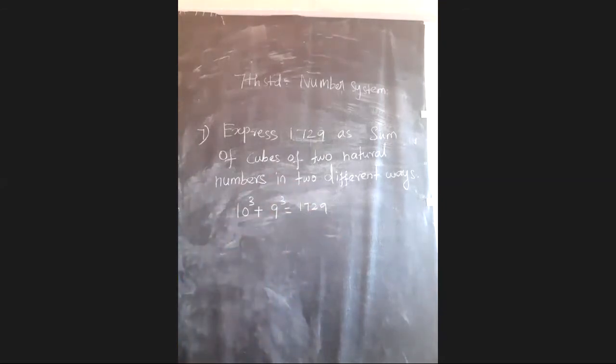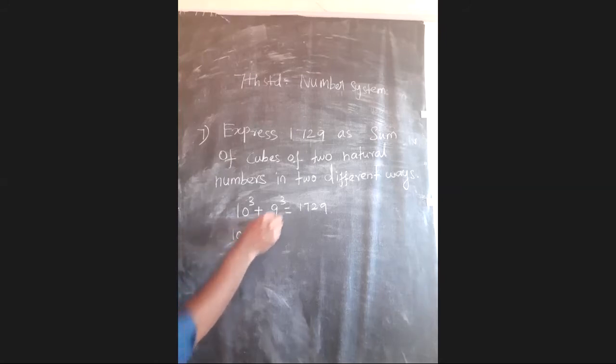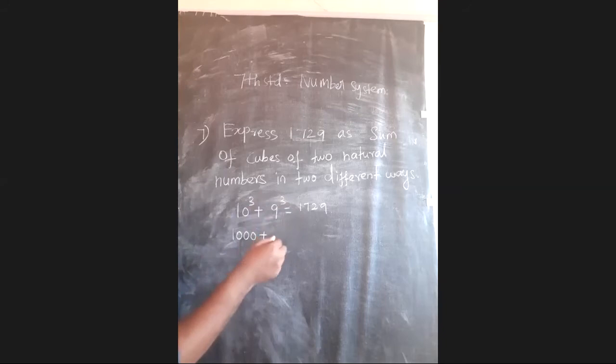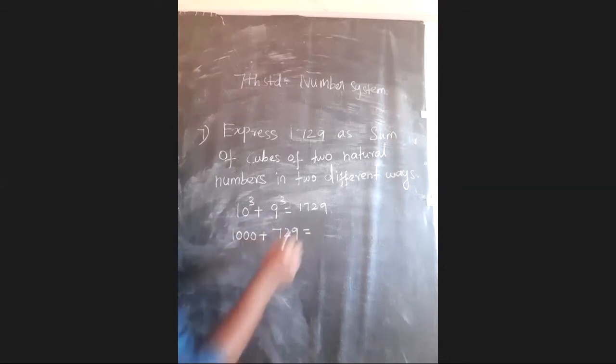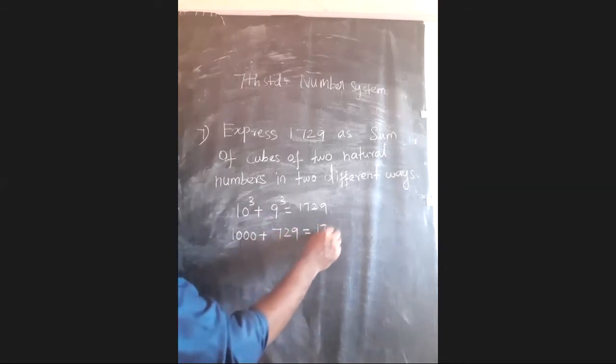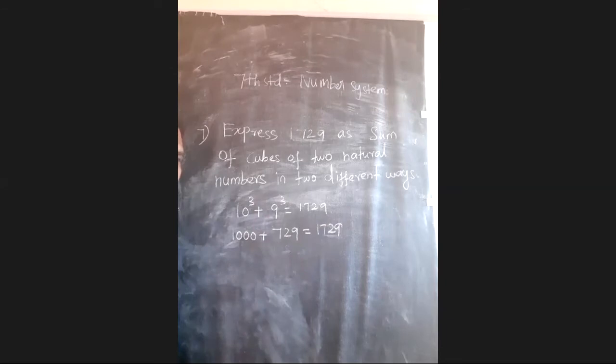Very good. So 10 cube, what is 10 cube? 10 into 10 into 10, 1000. 9 into 9 into 9, how much? 729. So the answer is 1729.